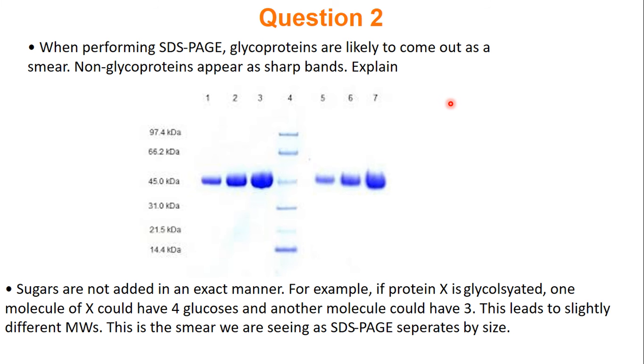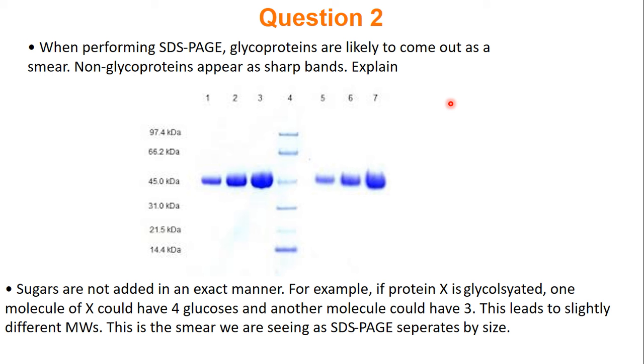When performing SDS-PAGE, glycoproteins are likely to come out as a smear, while proteins that don't have sugars come out as a band. Please explain this. In the lecture video, I talked about how glycoproteins have microheterogeneity. That means that when you add sugar onto proteins, it's not really exact.